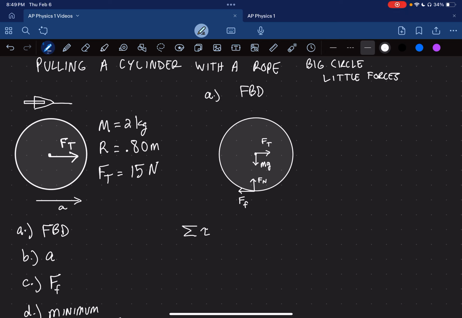We want to write the sum of torque is equal to I alpha. Oh, and I forgot to draw it. So this thing has an angular acceleration, and it has acceleration that way.